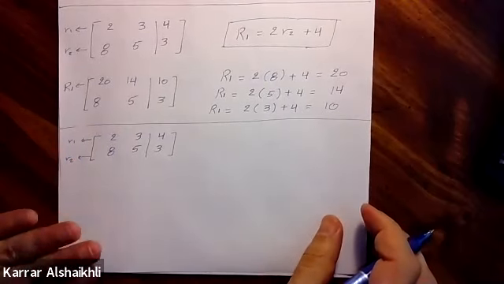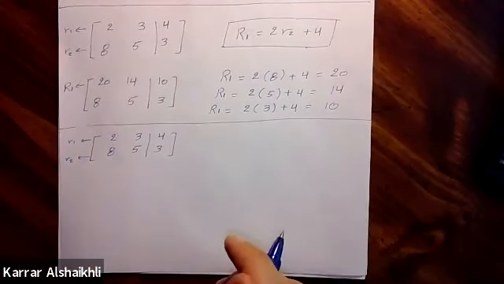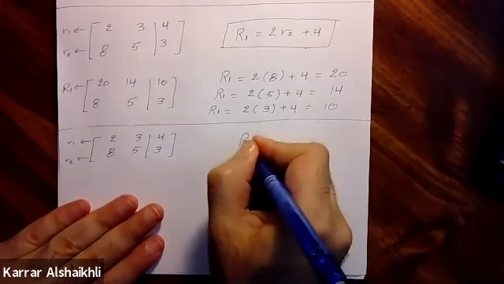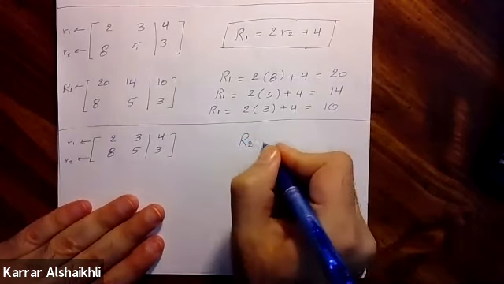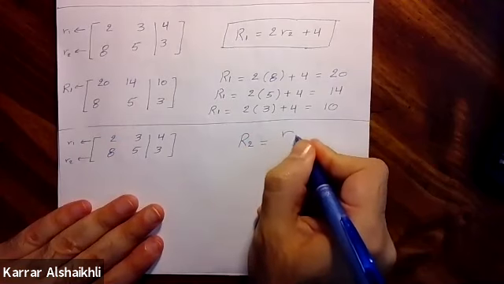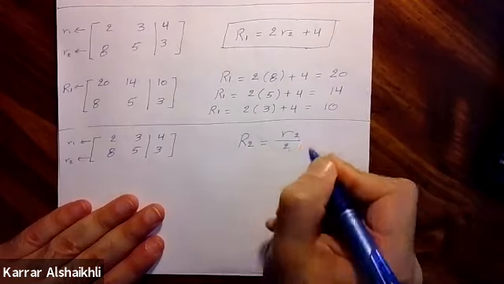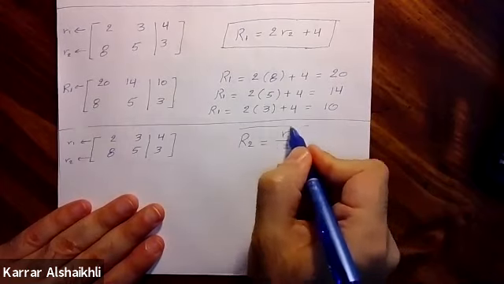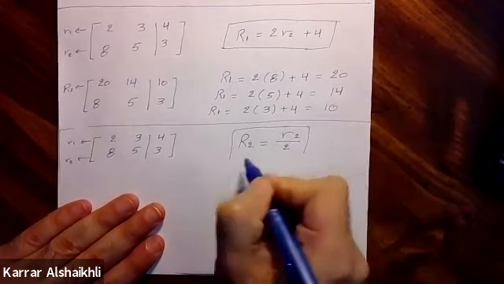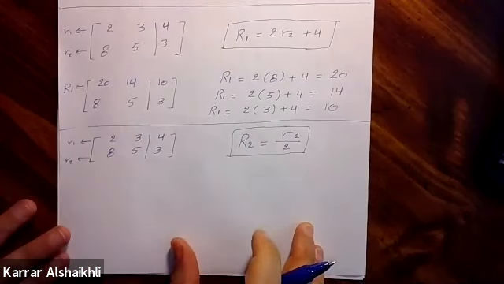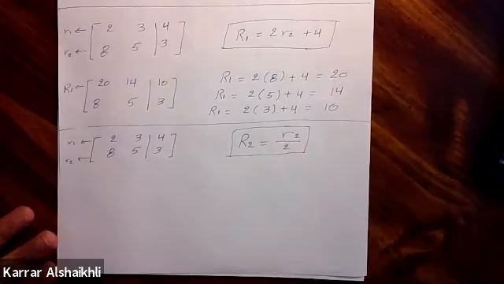We want to do exactly the same thing, but now here is the rule. It says get a new R2. How? By using the old R2 divided by 2. We're going to use the old R2 now, divided by 2.